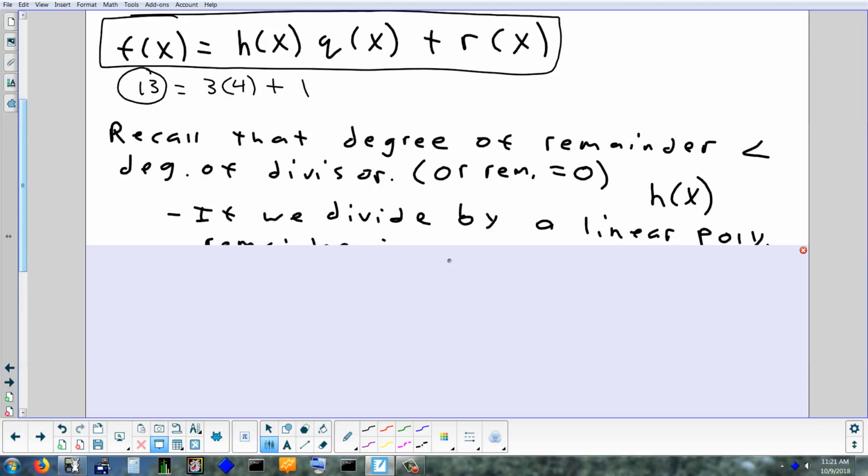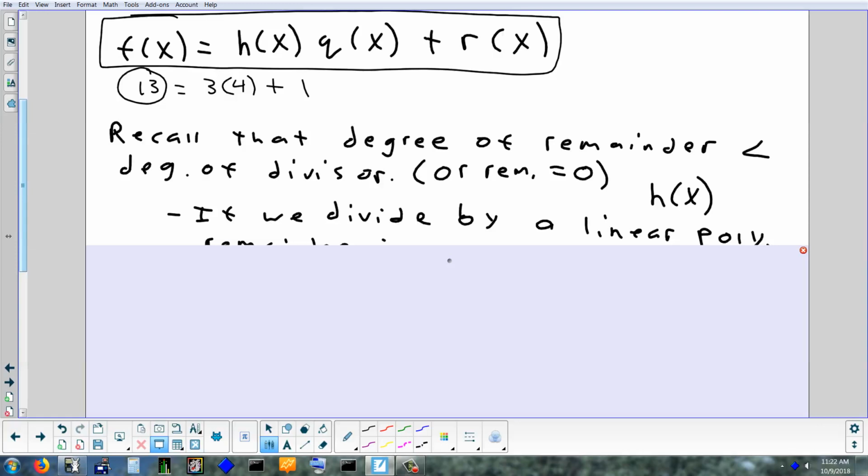A quadratic polynomial would be degree 2. If you divide by a linear polynomial, that's degree 1. So when you divide by something linear, the degree of the remainder is going to be less than degree 1. Well, the only thing less than degree 1 is degree 0.